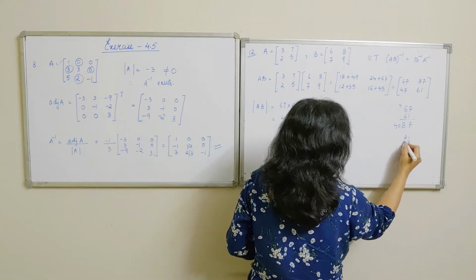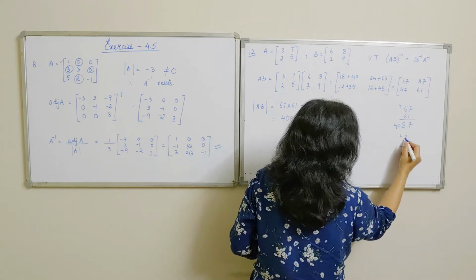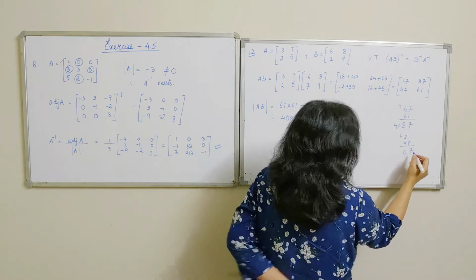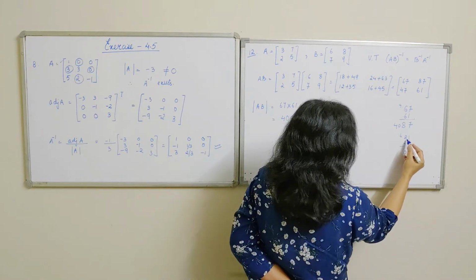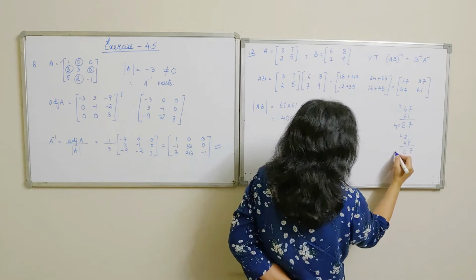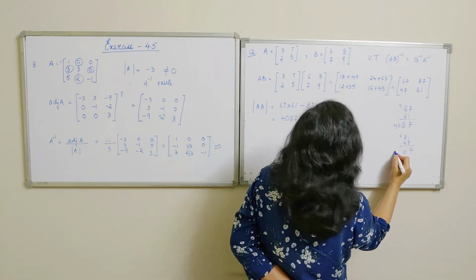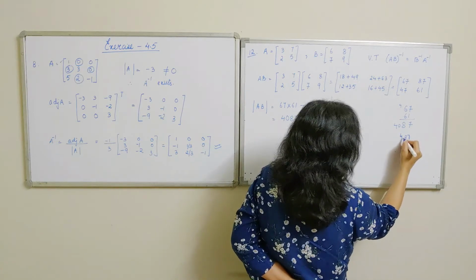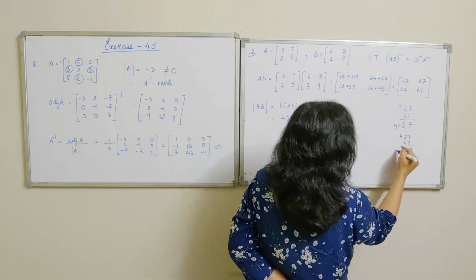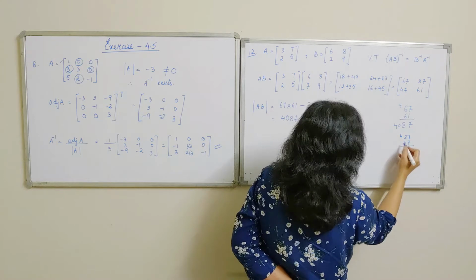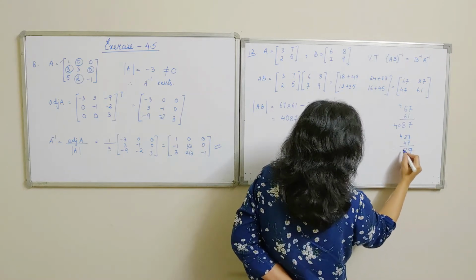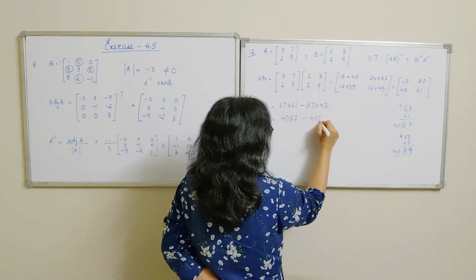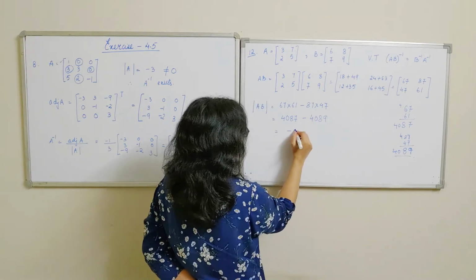So 7, 306. This is 30. 56 and 60 zeros is 32, 38. This is 87, sorry, 49, 4, 56, 67, 56. This will give you 4089. So we get here minus 2.